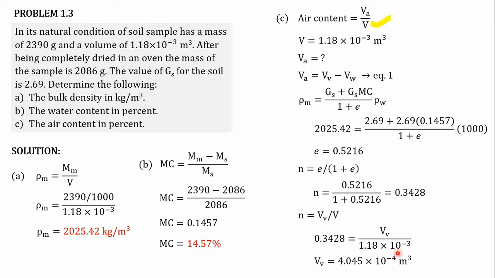Therefore, the volume of voids of the soil is equal to 4.045 times 10 to the negative 4 cubic meter. Ito yung volume of voids niya. Gets nyo? Hindi pa tayo tapos, malayo pa tayo.